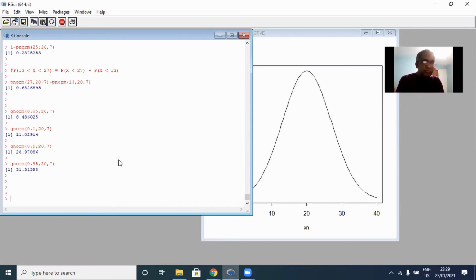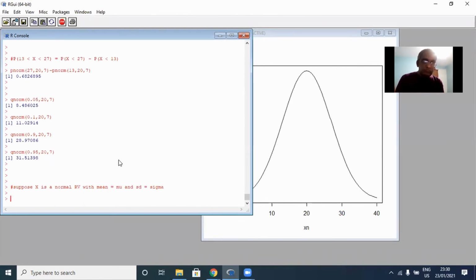Suppose x is a normal random variable with mean equal to mu and SD equal to sigma, right?